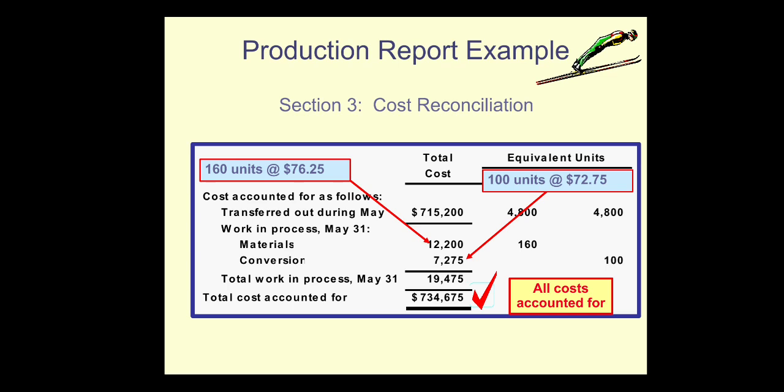So you will get $7,275. So total work in process cost is $19,475. Total cost accounted for during the month of May is $734,675. This total cost must equal the total cost that you have calculated in section 2 of this production report.